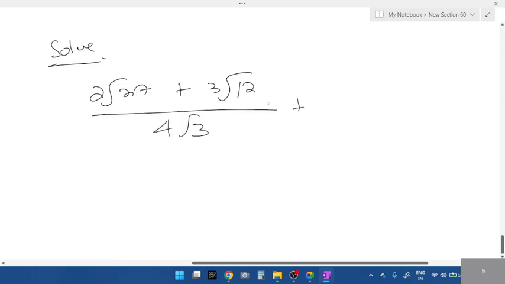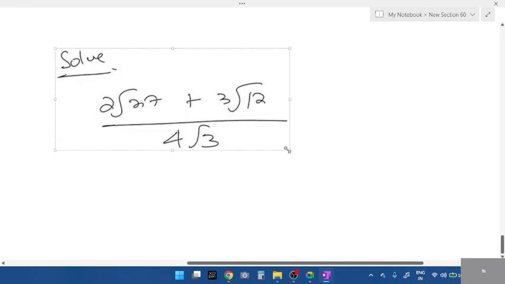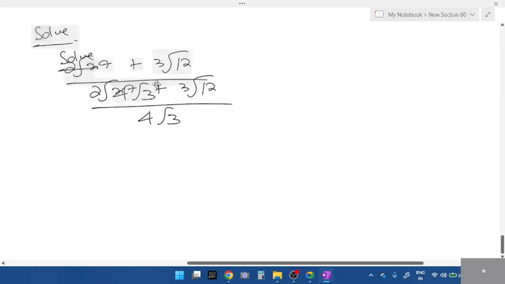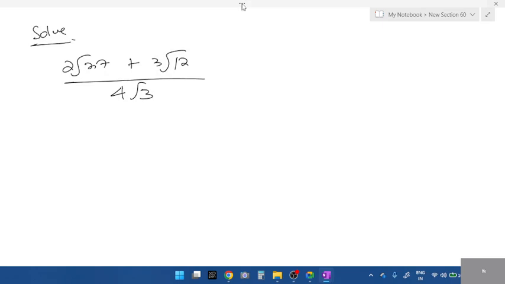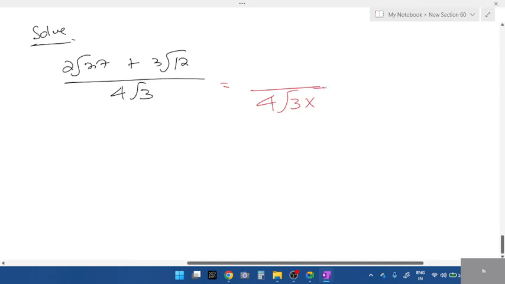Now, before factorizing, students, what is the denominator? Rational or irrational number? Irrational. So what do I have to multiply with? Numerator and denominator, both with root 3, right?